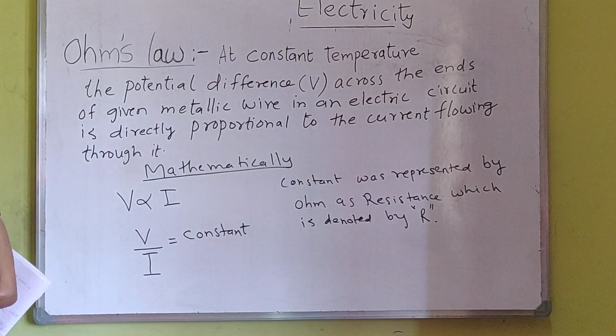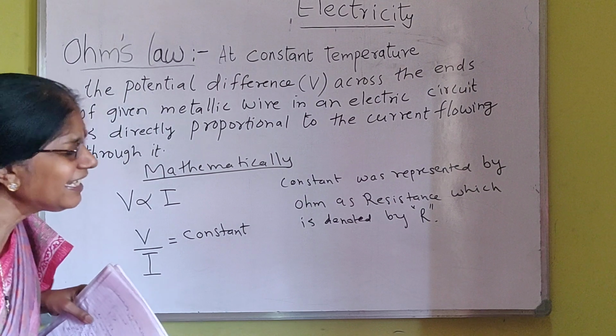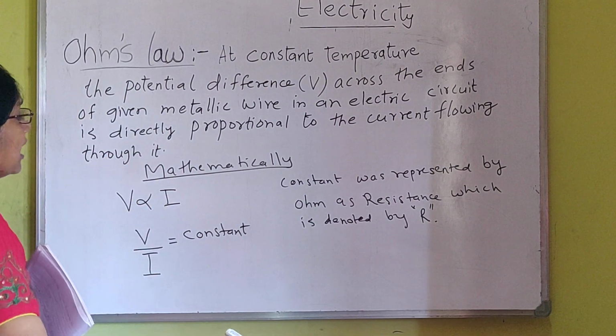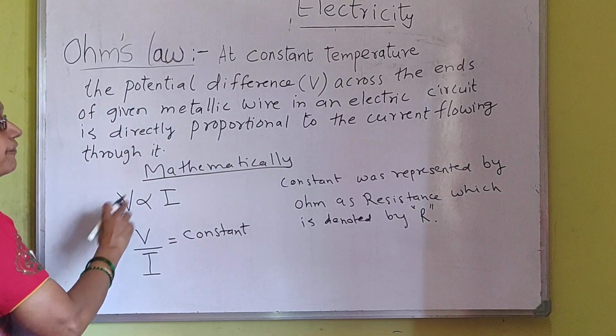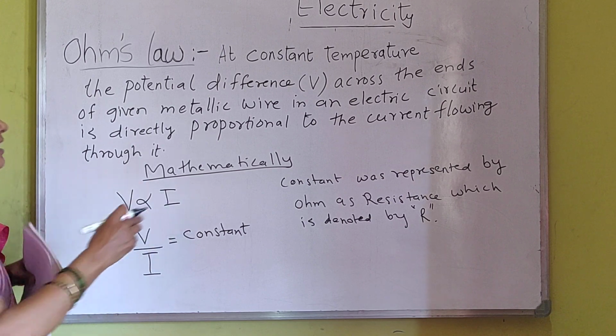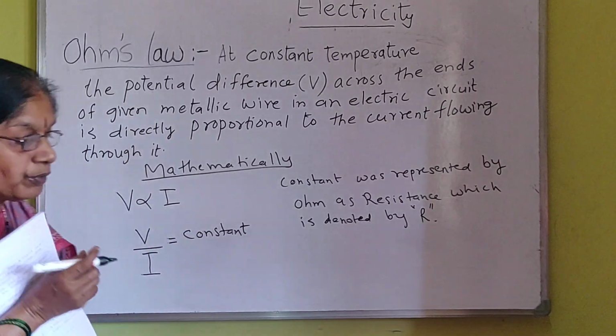So, the resistance of any wire depends upon its potential difference and current. This is what Ohm proved.